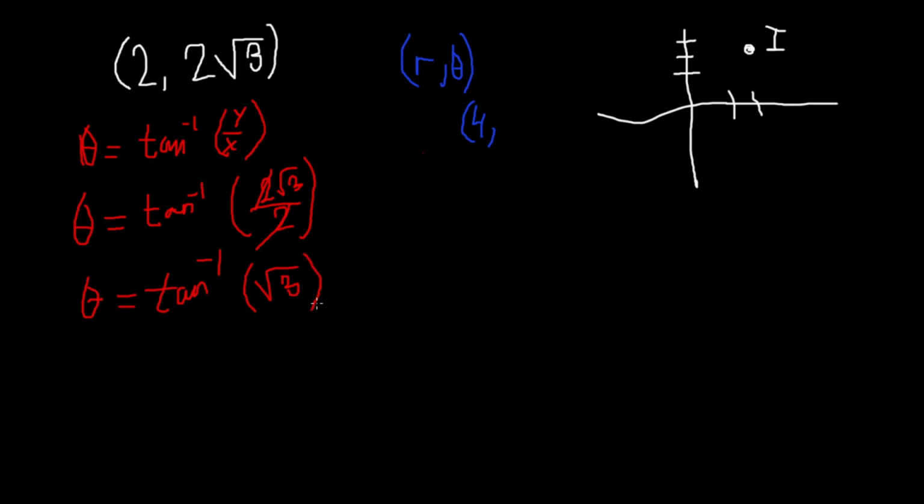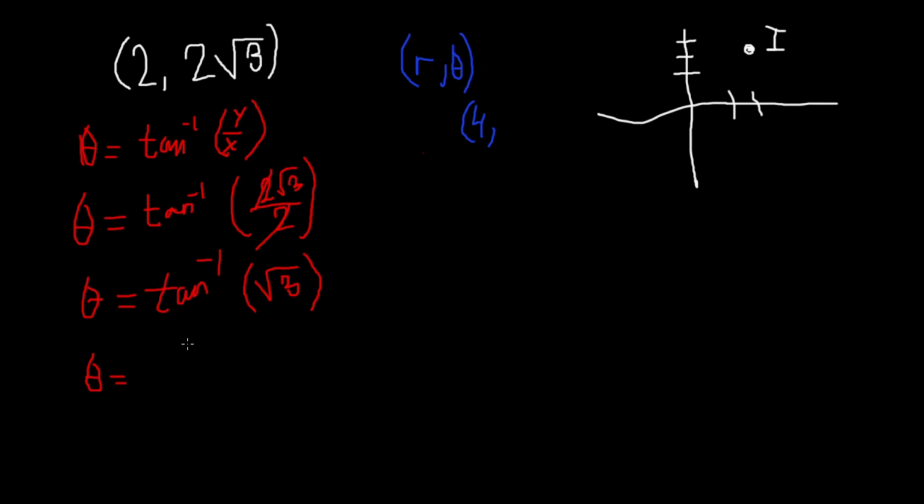Now from here, you can use a calculator to find arctan of square root of 3. If you know the unit circle, you could probably write the answer without the calculator, but it's your choice if you want to write in radians or degrees.